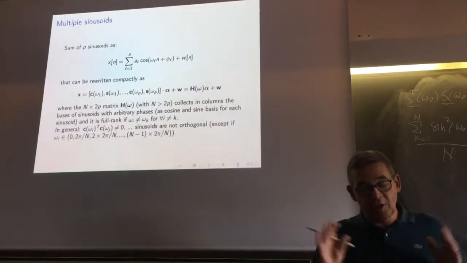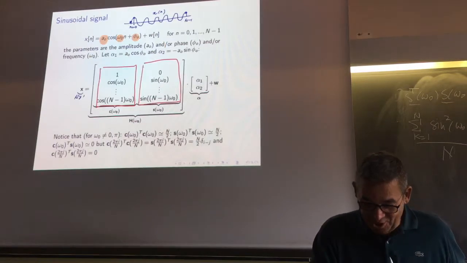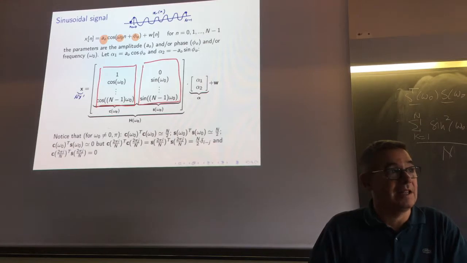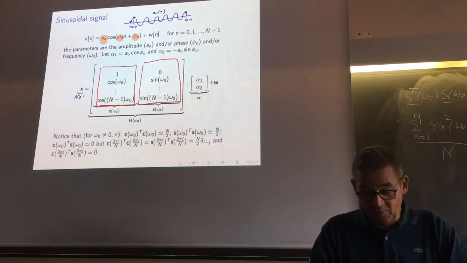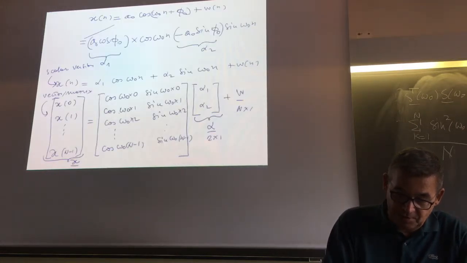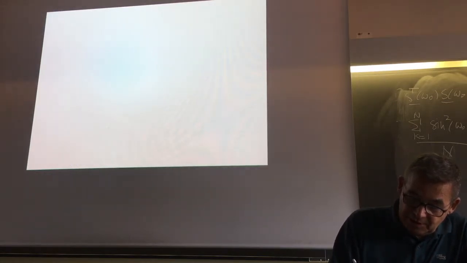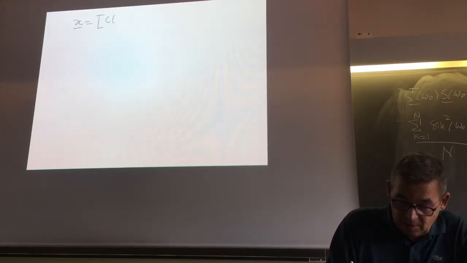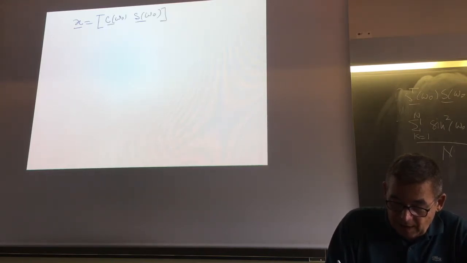Now, I lost myself in discussing. So now, if I need to estimate the parameters, I still have my model, so let me write it on a clean page. At the end of the story, what I did is that I have x vector equal to a cosine omega 0, a sine omega 0, multiplied by alpha, plus w.